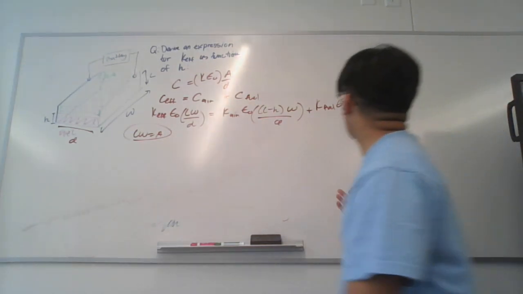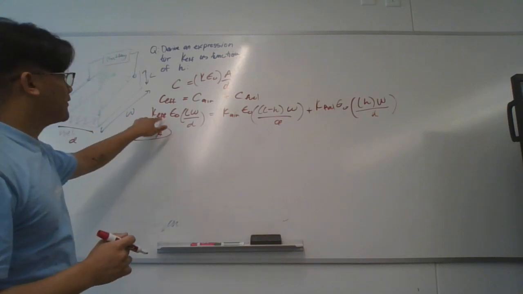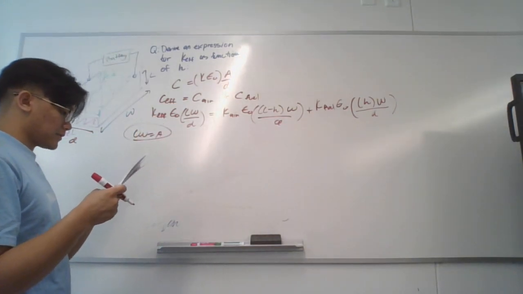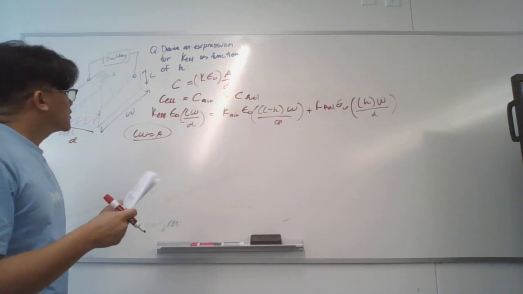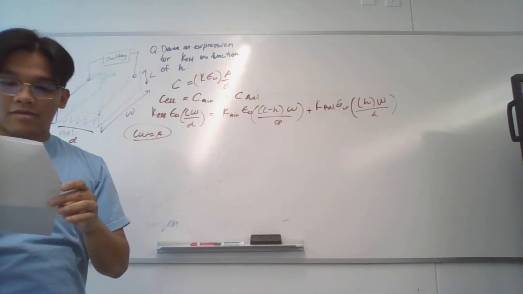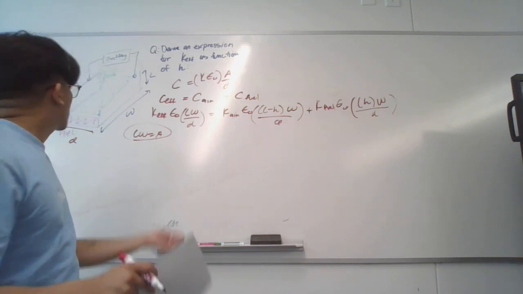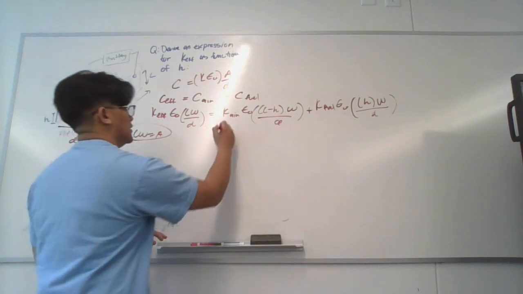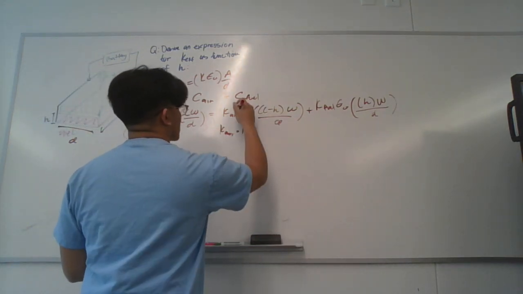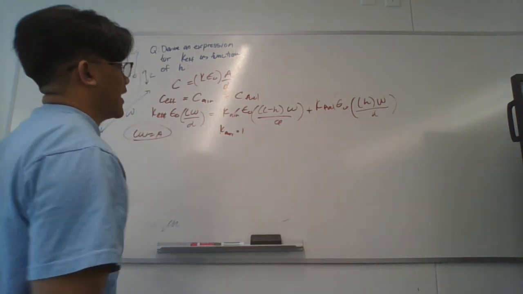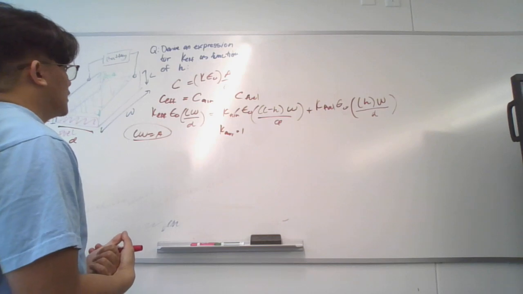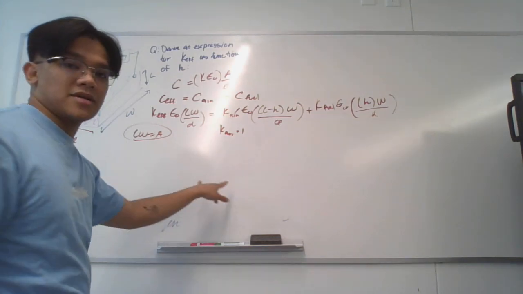We're going to go ahead and solve for K effective. We know K of air. It's set in our problem that it starts from a value of 1, so K air is just 1 here. If K air is equal to 1, we can rewrite this and cancel the constants from both sides.